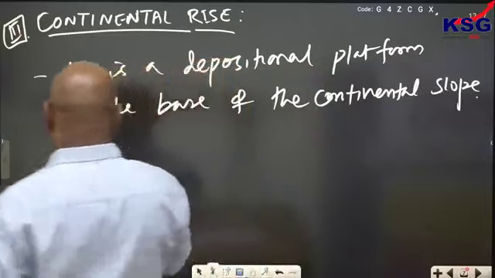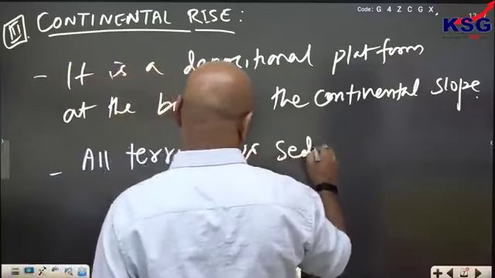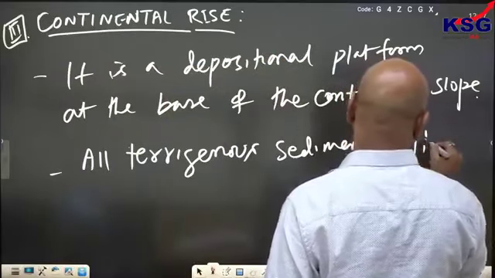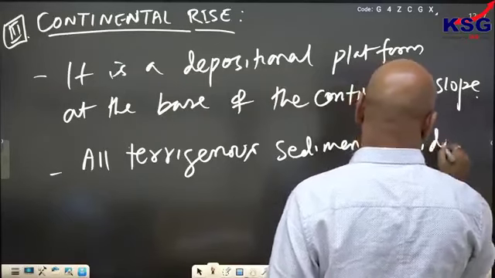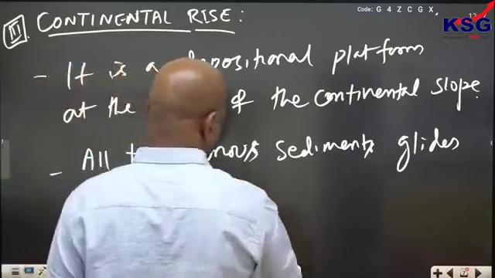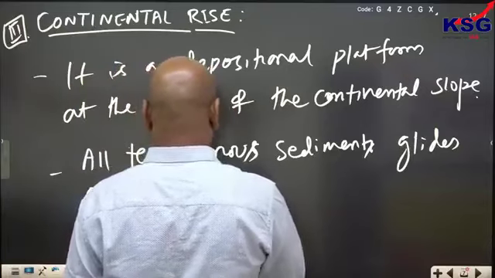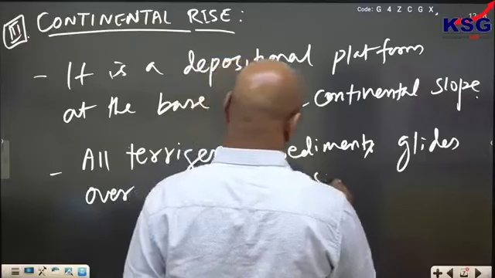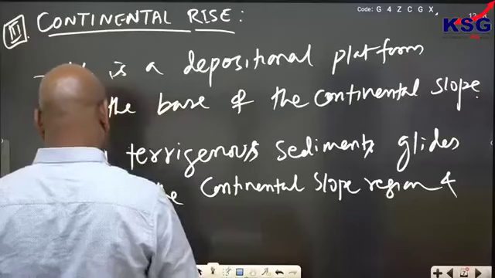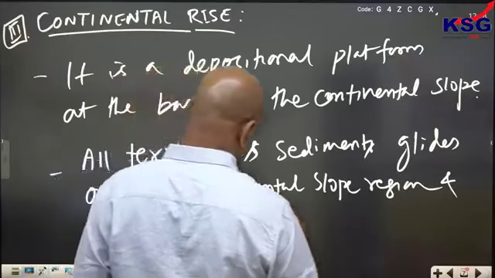So here all terrigenous sediments, जितने भी terrigenous sediments हैं, they glide over the continental slope region and get deposited here.